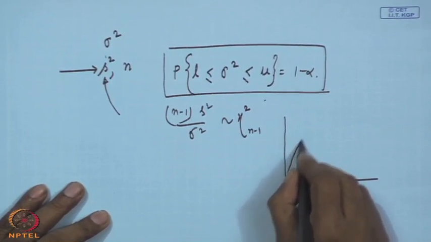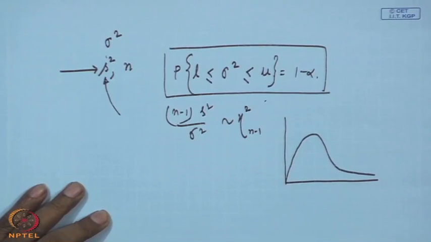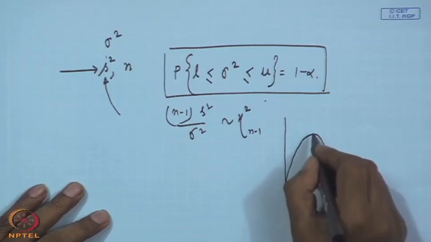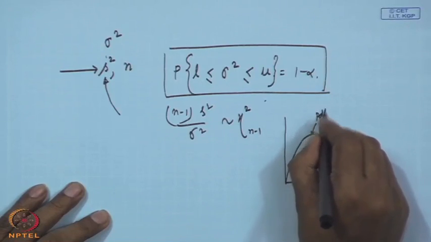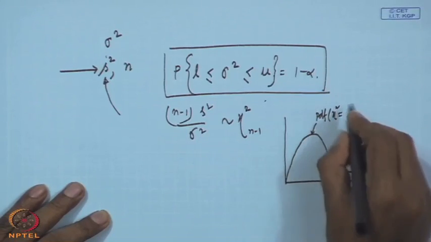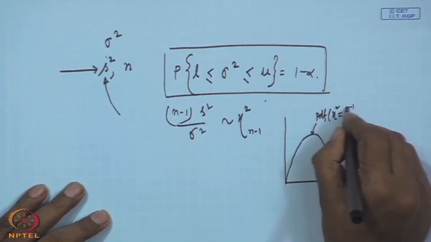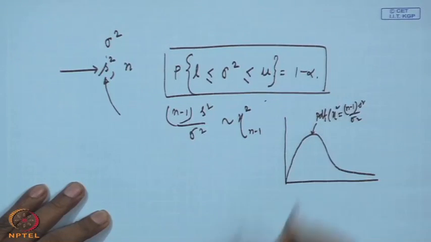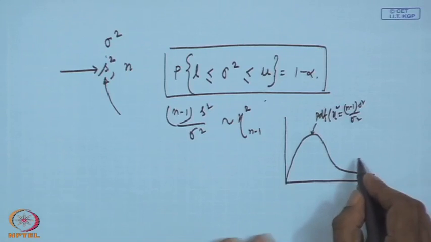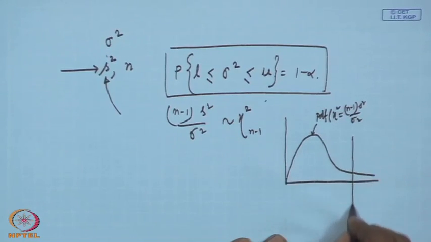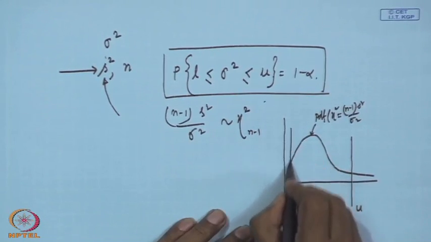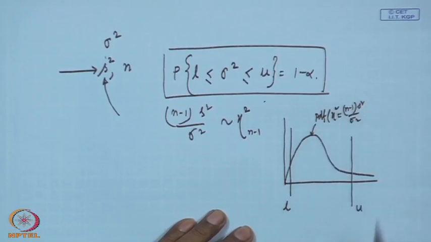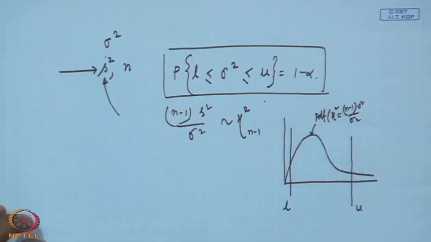This is the PDF of chi-square, which in this case is for n minus 1 S square by sigma square, and you want to find the upper value u and the lower value L for n minus 1 S square by sigma square.